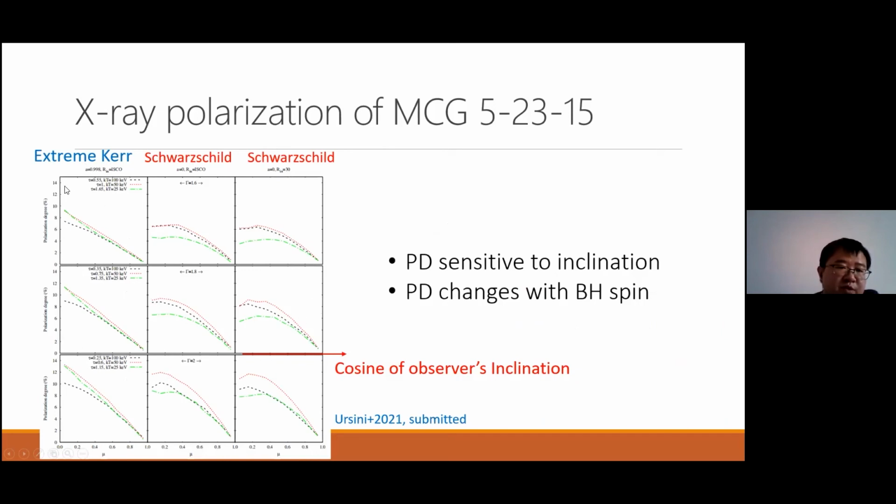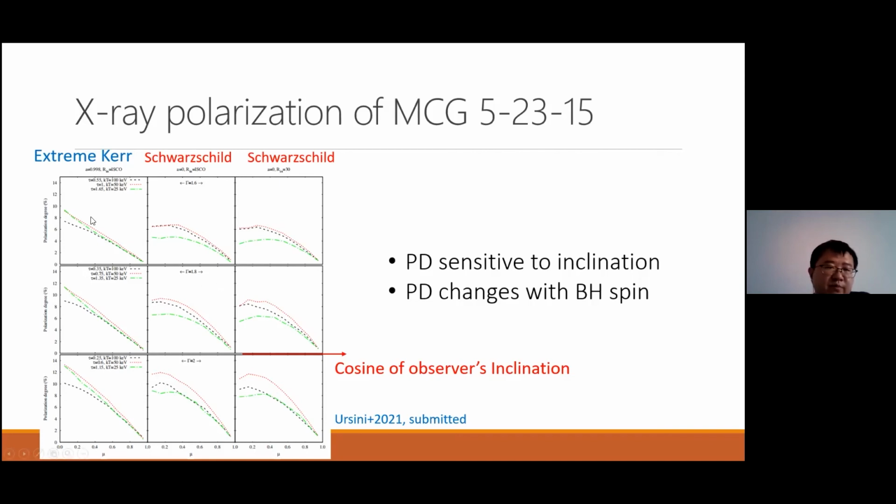And for each subfigure, there is the polarization degree as a function of the cosine of the observer's inclination. So what we found is that if you look at all these subplots, the polarization degree decreases with the inclination. So it's the same as with black hole X-ray binaries.